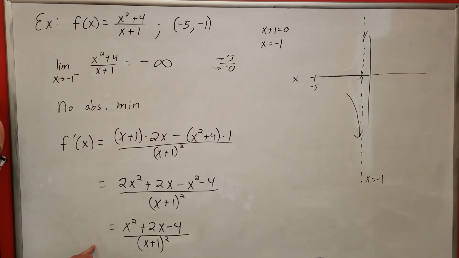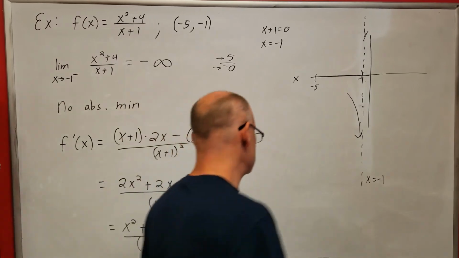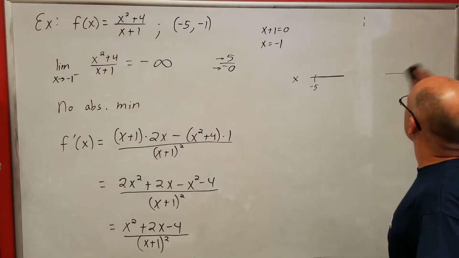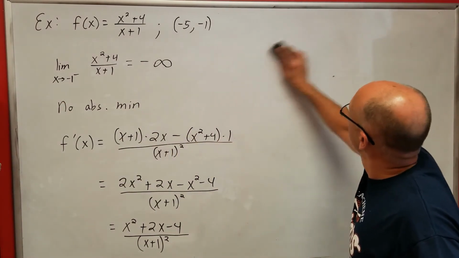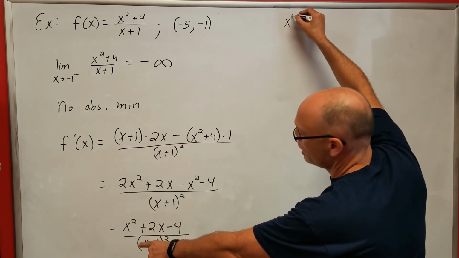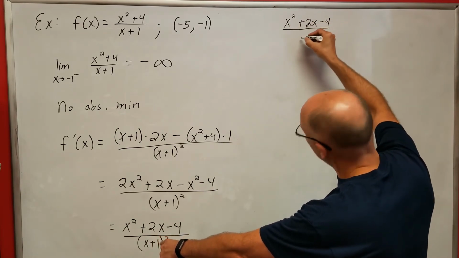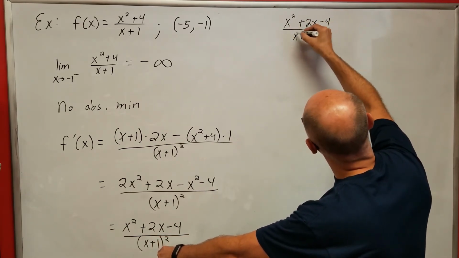To find the critical numbers, set this equal to 0 and find where it's undefined. All right, so let's set this equal to 0, x squared plus 2x minus 4 over x plus 1 squared.